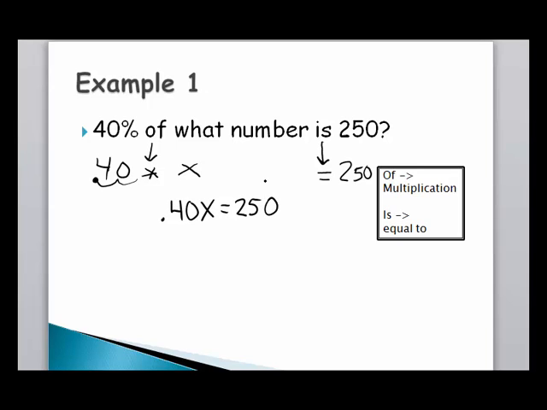Now, to solve that equation, we simply need to divide both sides of the equation by 0.40, and that will solve for x. And so plugging into our calculator, 250 divided by 0.40 gives me 625.